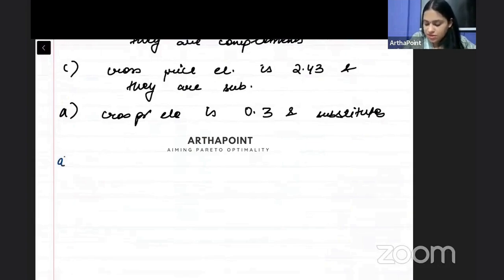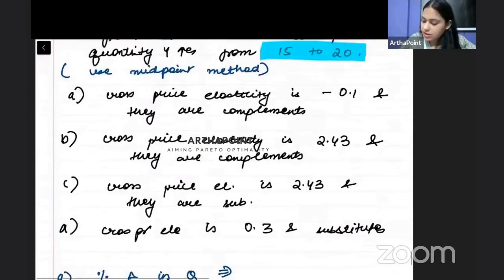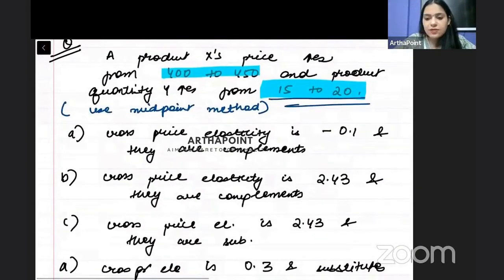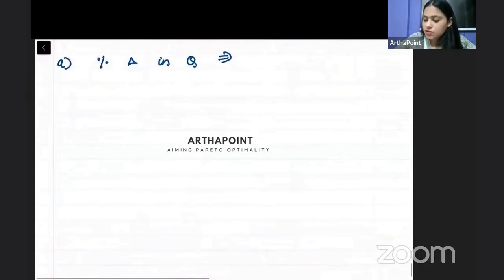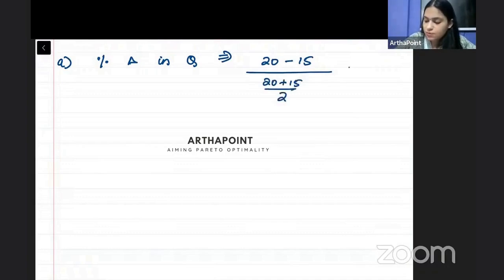So first, I will find out percentage change in quantity. It will be, quantity is increasing from 15 to 20. So it will be 20 minus 15 upon, I told you use midpoint method, so upon 20 plus 15 by 2 into 100.